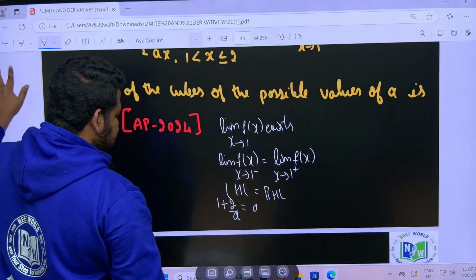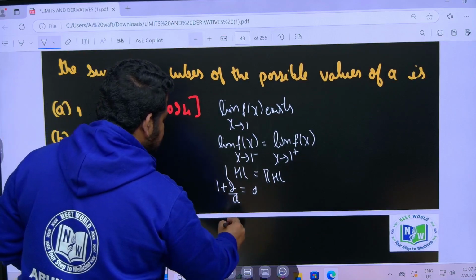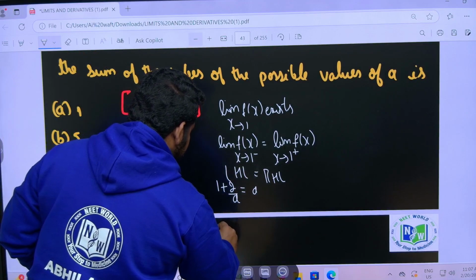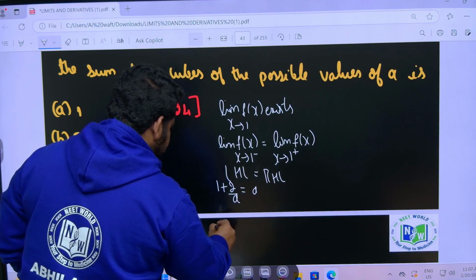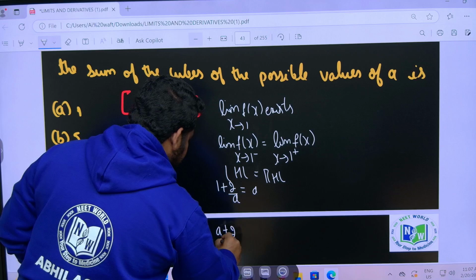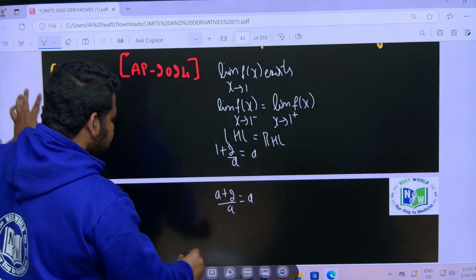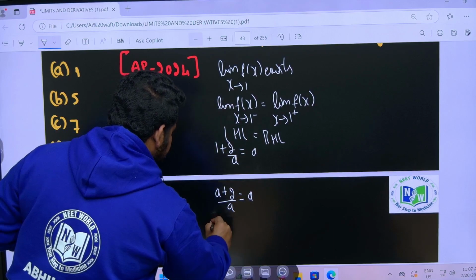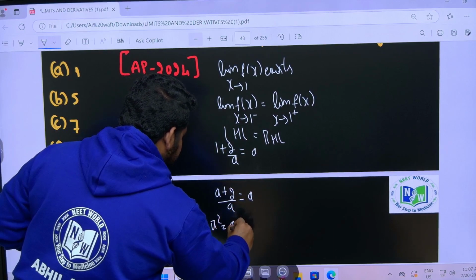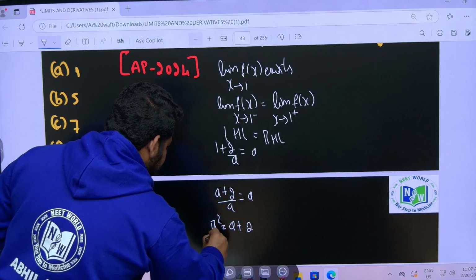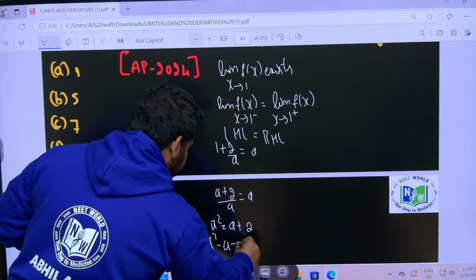Now if we solve this, we will get a square. That is, a plus 2 by a is equal to a. Okay, now on solving this we will get a square is equal to a plus 2, a square minus a minus 2 will be equal to 0.